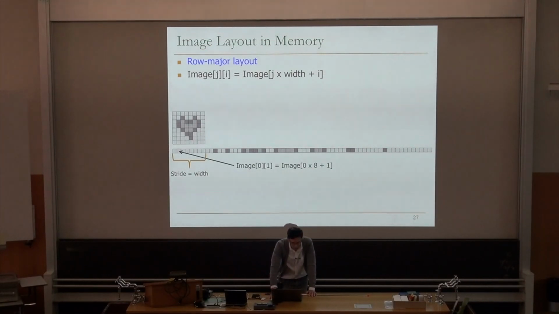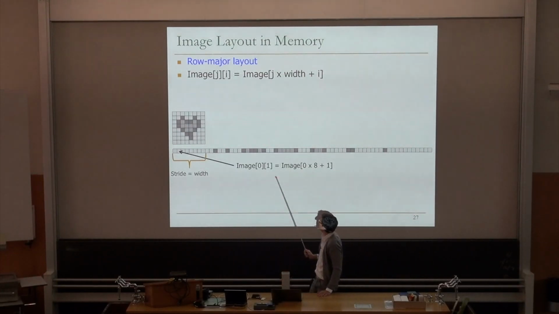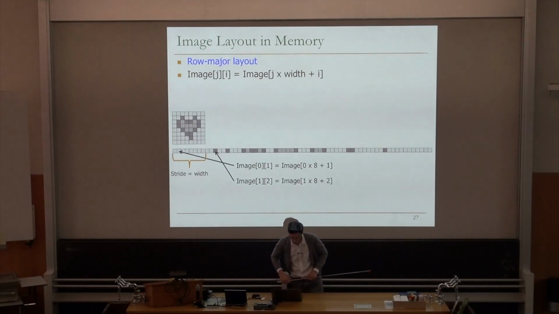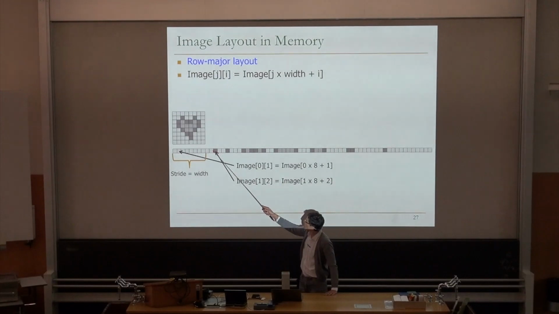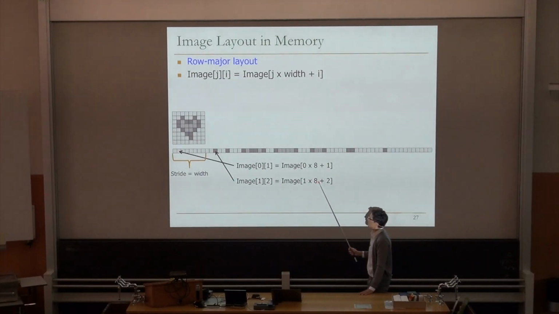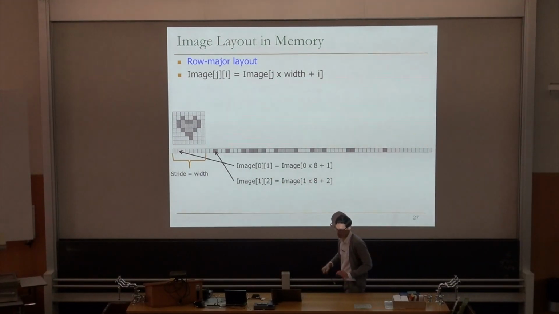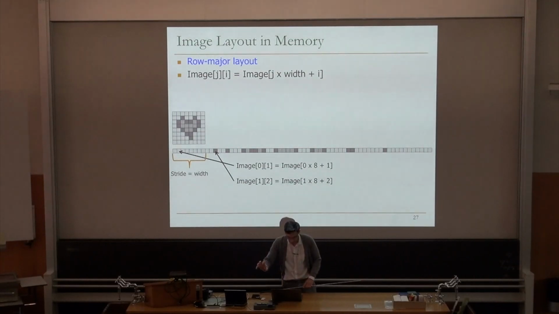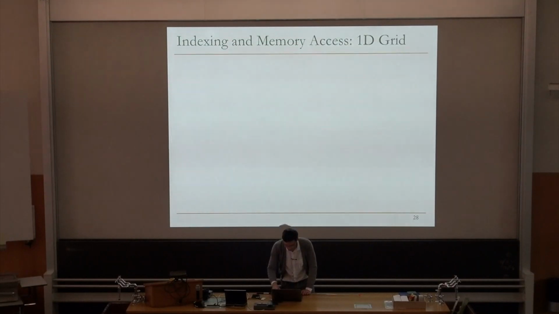Image 0, 1 is actually element 1, because the row is 0, and this other one, image 1, 2, is actually element 10. So it's the 10th element in the linear array that we have stored in memory.